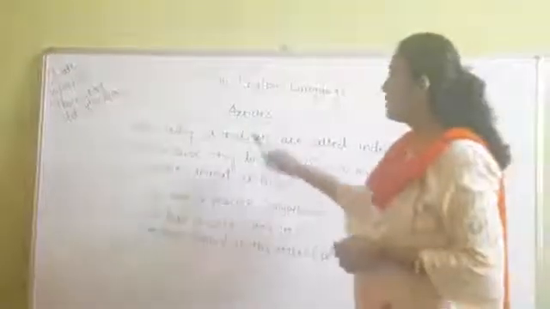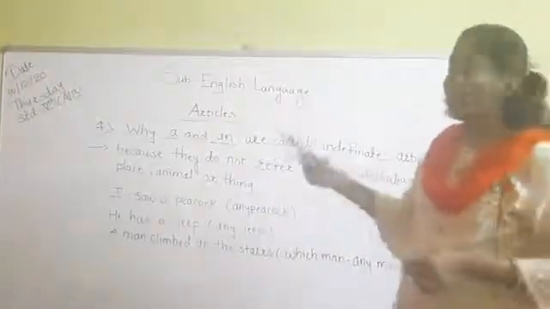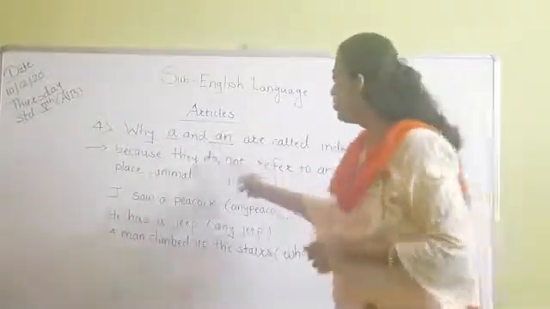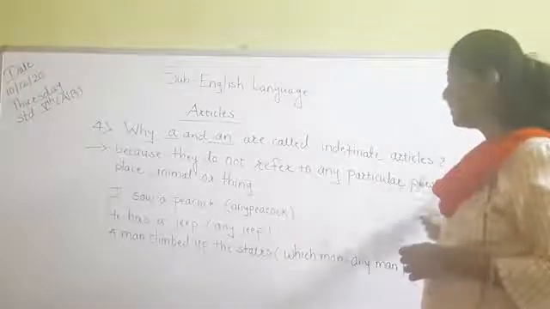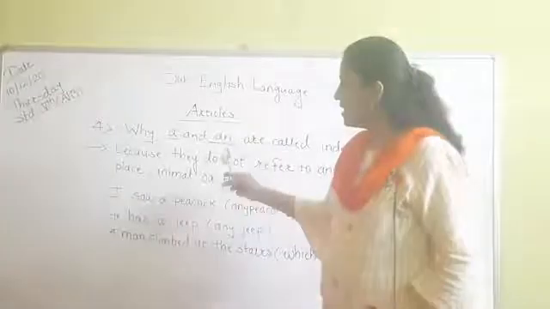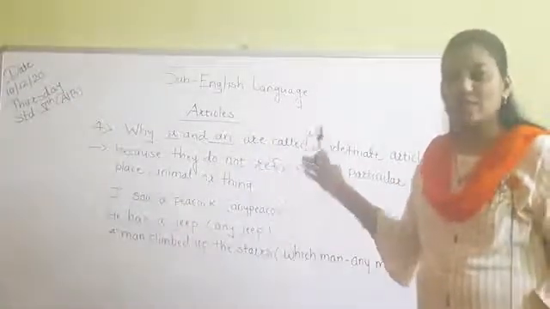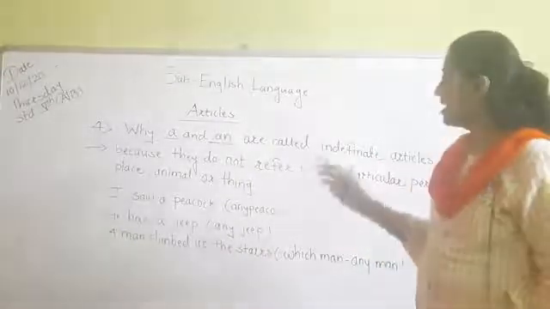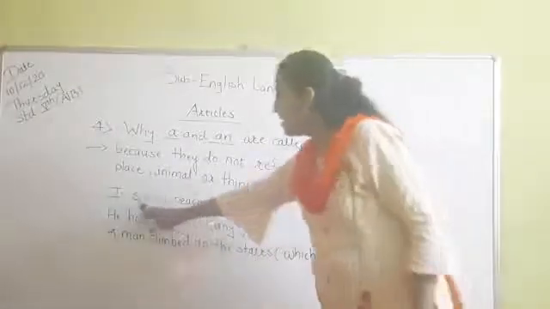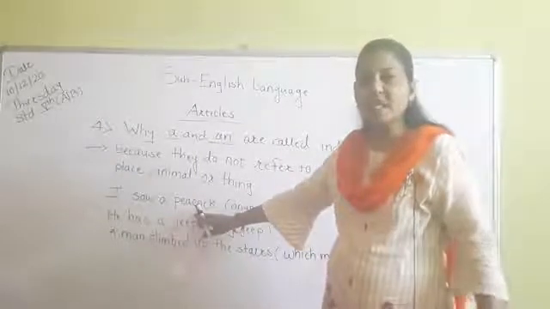Now students, see why a and an are called indefinite articles. We call a and an indefinite articles because they do not refer to any particular person, place, animal or thing. We are not talking about a particular place, animal or thing. For example, I saw a peacock means any peacock.